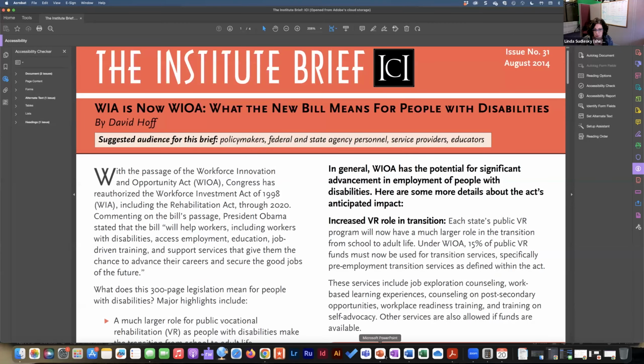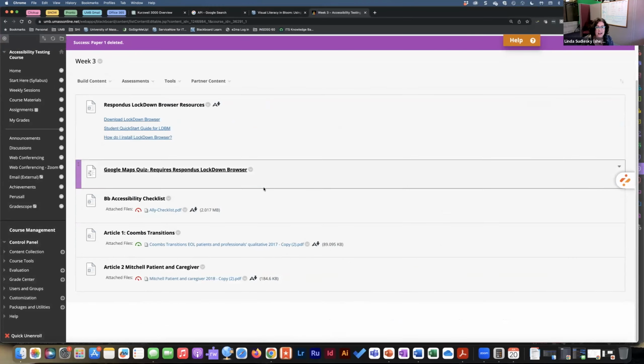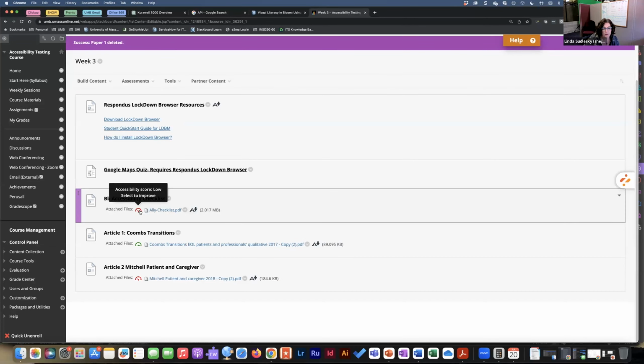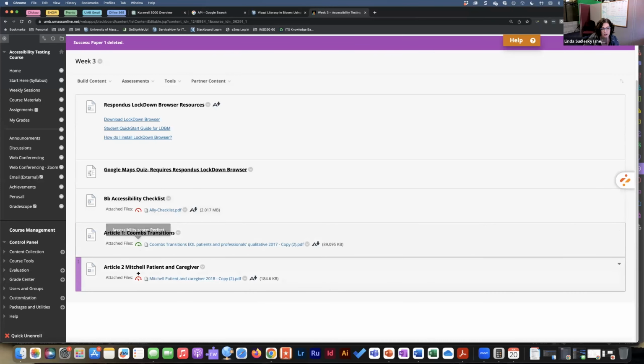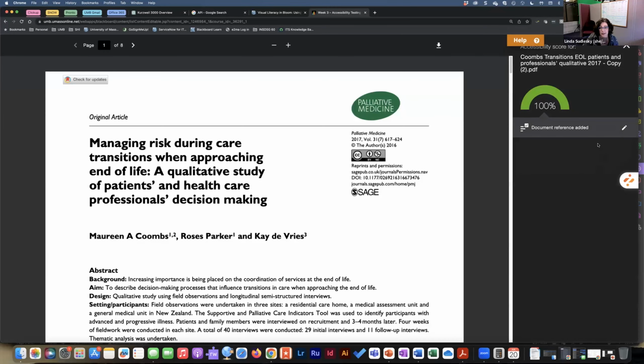Just to continue moving on, what I'm going to do is go to Blackboard. So for Ally, you have a series of scales with anything you put into Blackboard that indicates the accessibility of that document. This particular document has a perfect accessibility score, but I'm going to click on the scale anyway and show you why it does.